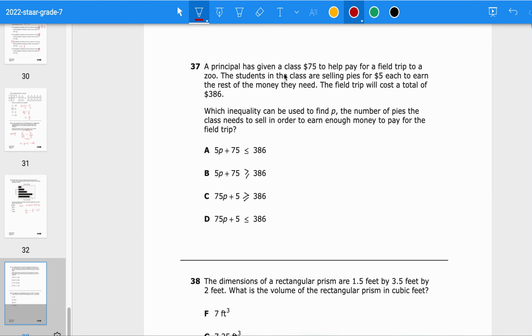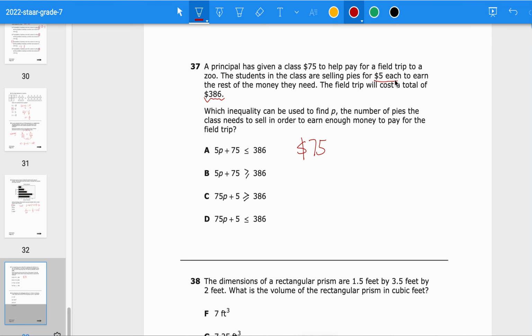So the principal has given a class $75 to help pay for the field trip to a zoo, and then they are selling pies for $5 each to earn the rest of the money they need. The field trip will cost a total of $386. So we can see the fixed amount of money is $75, which was given by the principal.